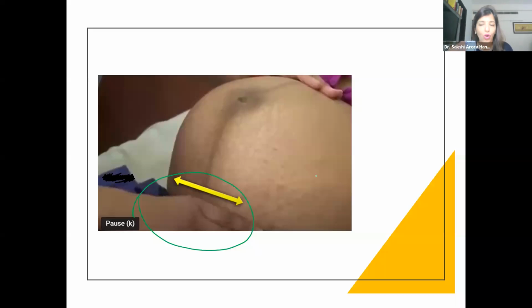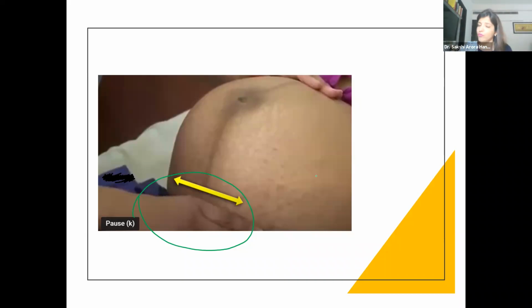So I want all of you to write this line: if the head is ballotable, it means the head has not entered the pelvis. The second line you are going to write: if the head is not ballotable, it means the head has entered the pelvis. Please write in red, it does not mean that the head is engaged, right?